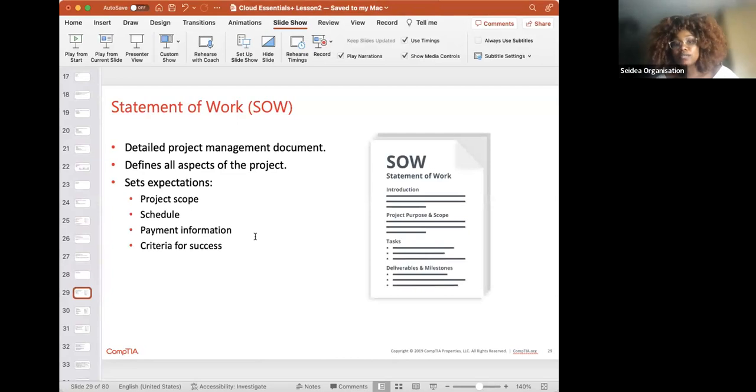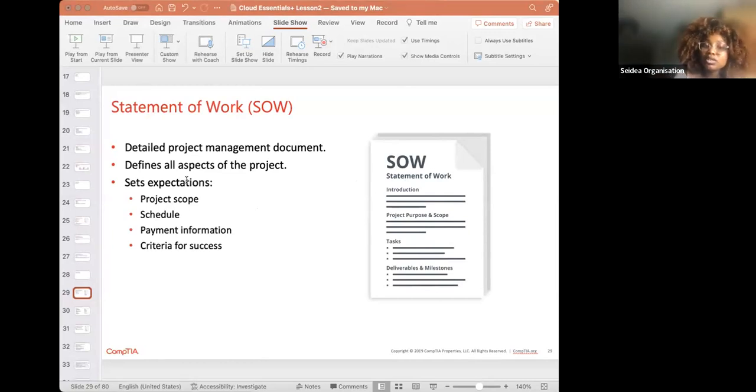So going with the statement of work, it's a detailed document that defines all facets of a project, from the objectives to the deliverables, and it has key components. The first key component is your introduction. As you can see from this infographic, your introduction is your brief overview of your project.